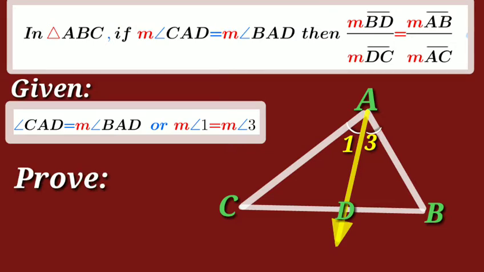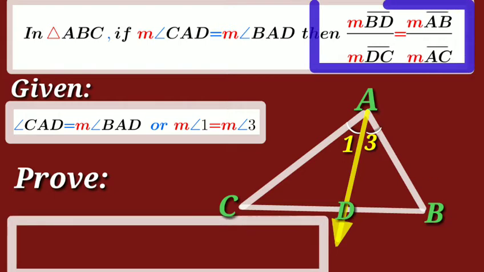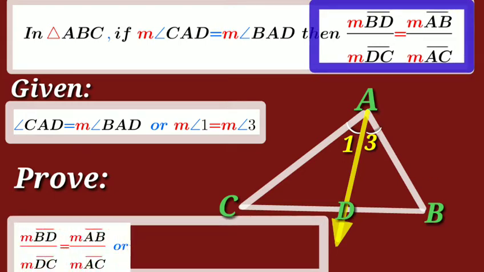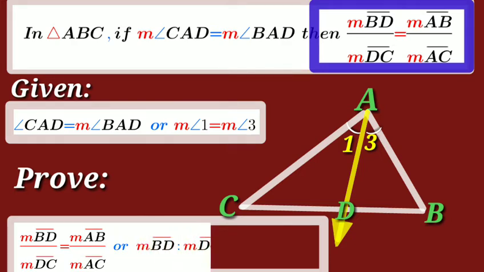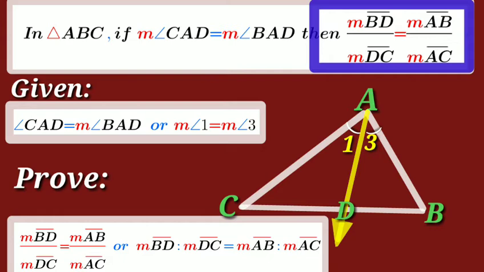While side BD divided by side DC is equal to side AB divided by side AC is the proof. It can also be written as side BD ratio side DC is equal to side AB ratio side AC.